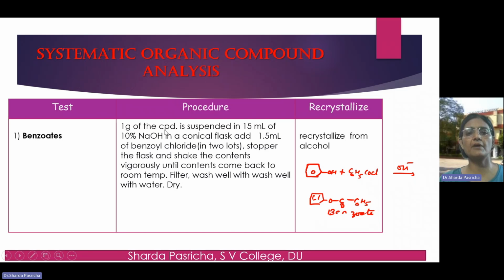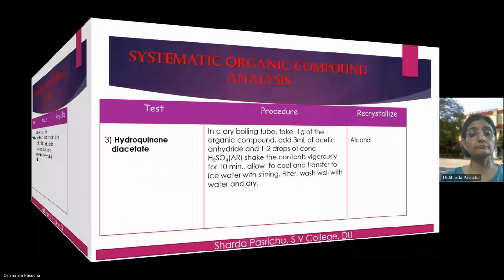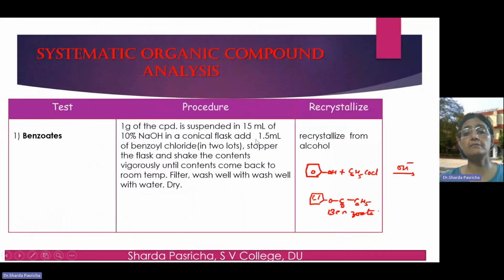Let us see. You have to take 1 gram of your organic compound in a boiling tube and add 15 ml of 10% sodium hydroxide solution. Now, when you prepare derivatives, these reagents have to be prepared on your own. You don't take the bench reagent for preparation of derivatives. So prepare the 10% sodium hydroxide solution on your own. The important thing is that the flask should have a tightly fitting cork. Then you first add 0.75 ml of benzoyl chloride.